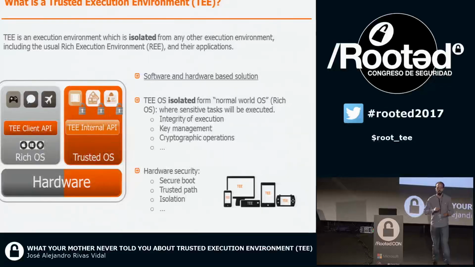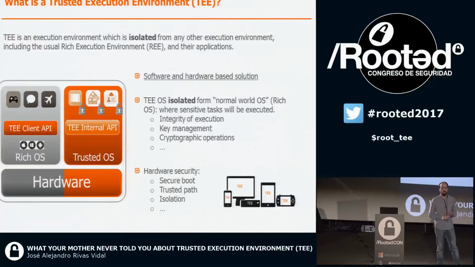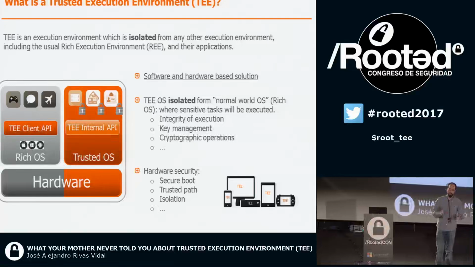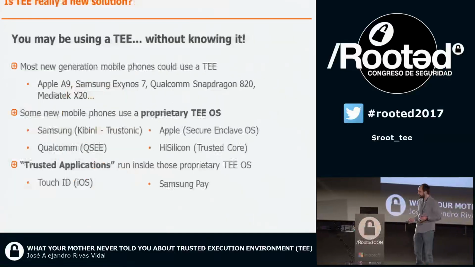So what do we need to understand by critical operations? Key generation, data ciphering, but also the verification of a fingerprint. And all this software layer requires hardware elements to give it properties such as isolation or secure start.